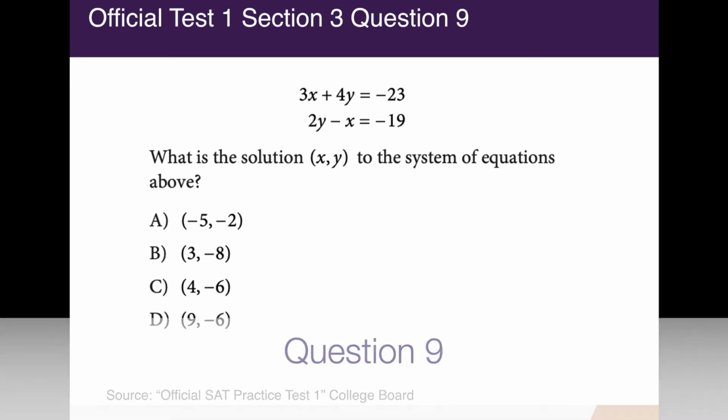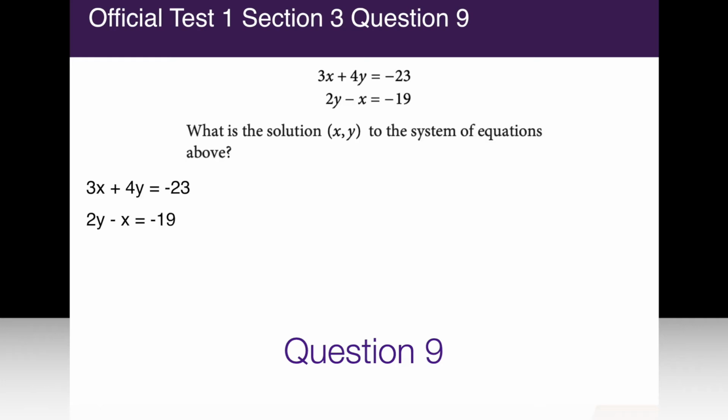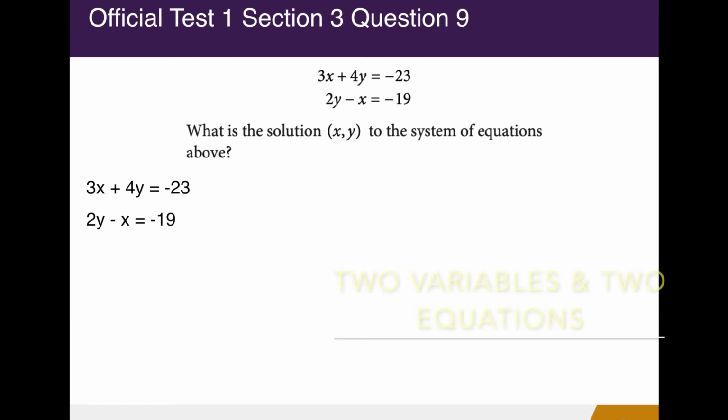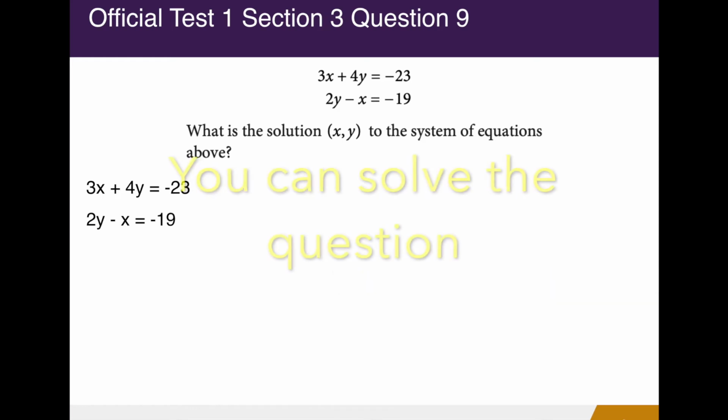Question number 9. 3x plus 4y equals negative 23. 2y minus x equals negative 19. What is the solution (x, y) to the system of equations above? When there are two variables and two equations like this, in most cases you can solve the question.